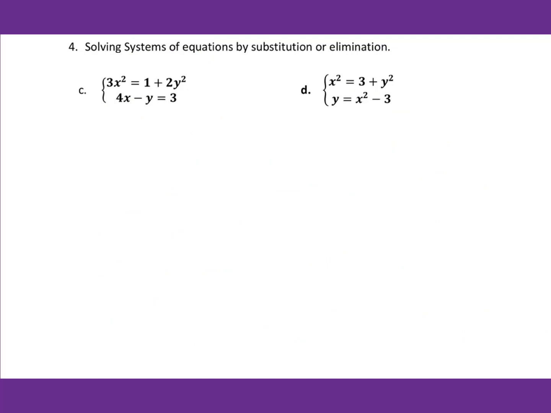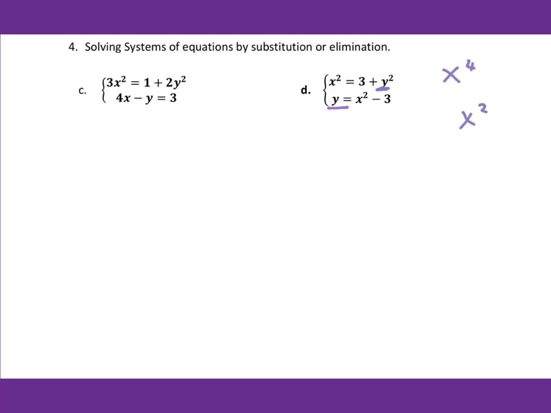For D, even though they give you y equals, when you plug in to y, you will get x to the fourth power. We don't want to deal with a polynomial with the exponent 4. We are so familiar with x squared.